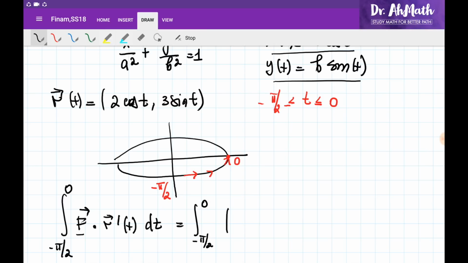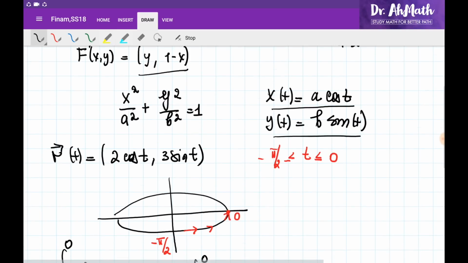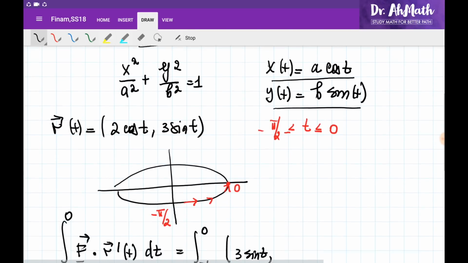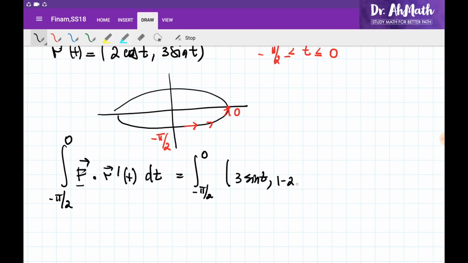The vector field is given as a vector. The first component is y, which is 3 multiplied by the sine of t, and the second component is 1 minus x, which is 1 minus 3 cosine of t. We have to multiply this as a dot product with r prime of t.